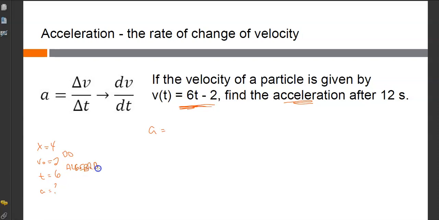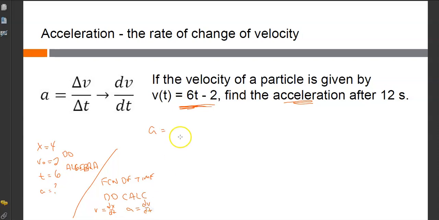On the other hand, if you've got a function of time, that's where you can come in and do the calculus, of which so far we've got two kinds, right? v equals dx/dt and a equals dv/dt.